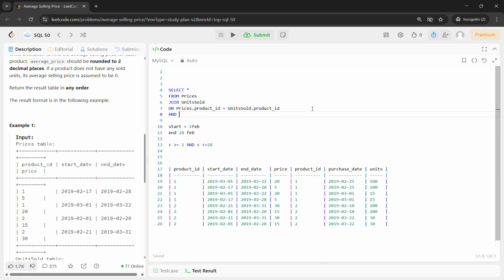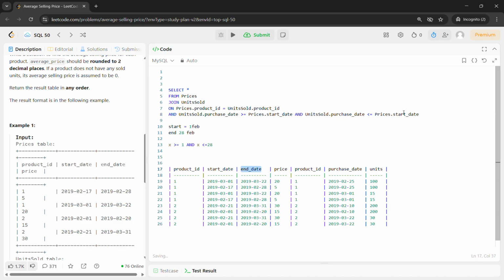You write unit sold dot purchase date. My purchase date can be greater than or equal to the start, that is prices dot start date, and my unit sold dot purchase date will be smaller than or equal to prices dot end date.